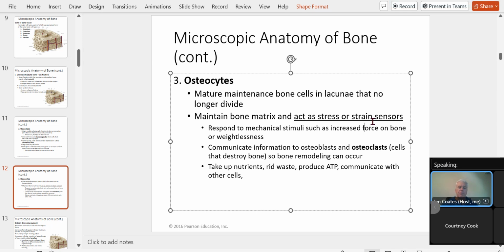If you're not putting pressure on the bones, osteocytes, their job is to feel the stress, feel the pressure. If you're jumping, running around, your bones are getting a stress workout. Osteocytes are detecting that stress of you running and jumping, so they will maintain the bone integrity.